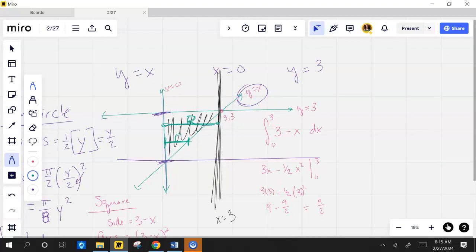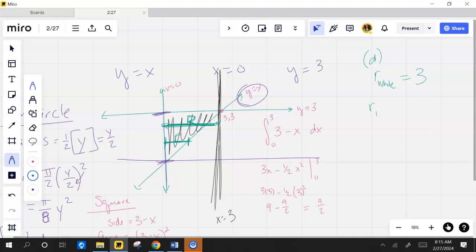What's the length of big R? Or what? The whole radius. It's just 3 all the way over. The whole thing. But I want everything included. I want the whole hole included in that big one.